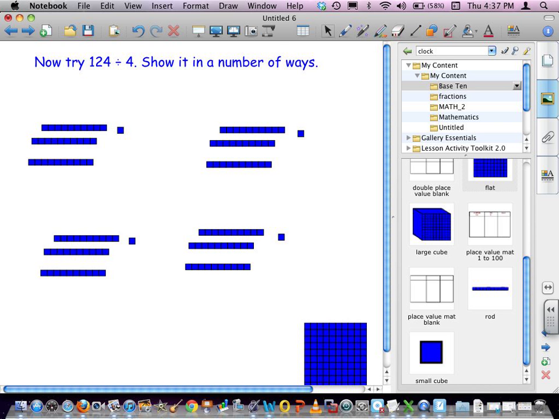Then I had 10 rods plus the 2 rods that I had to start. At 120, or 12 tens is another way to think about it. I had 12 sets of 10, and I gave each group 3 sets of 10 or 30. And then I had 4 more left to share, so I could give each group 1. So each group now has 31. Is that okay? Good.